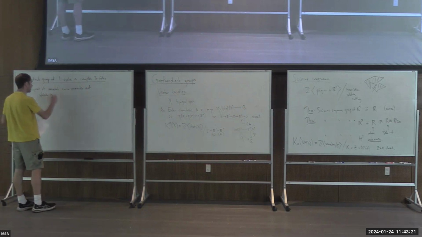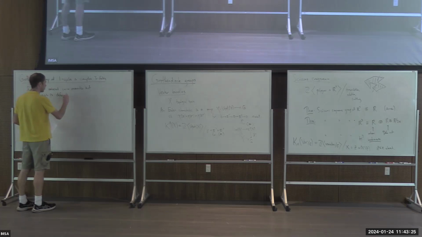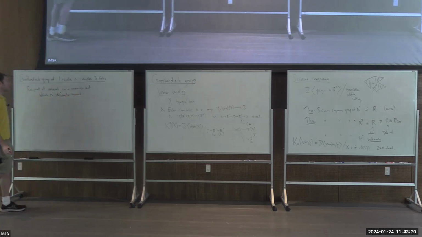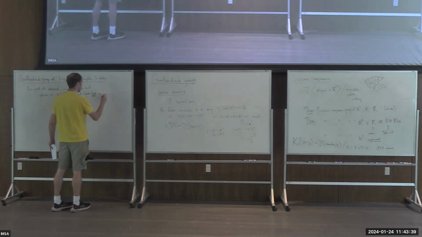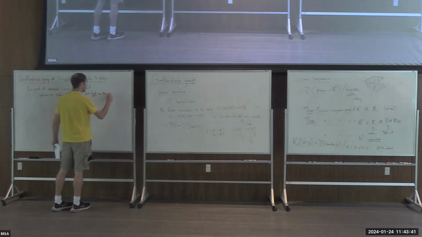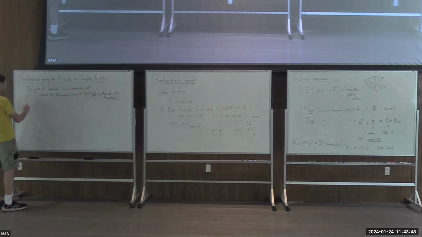Definition. And then maybe I could also say it with local on the base, again. Local on the base of one side. So X is a threefold.